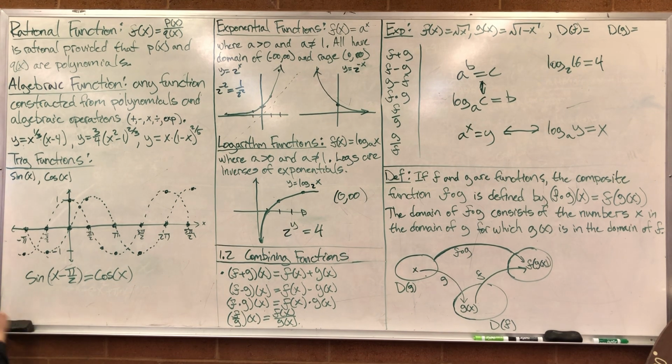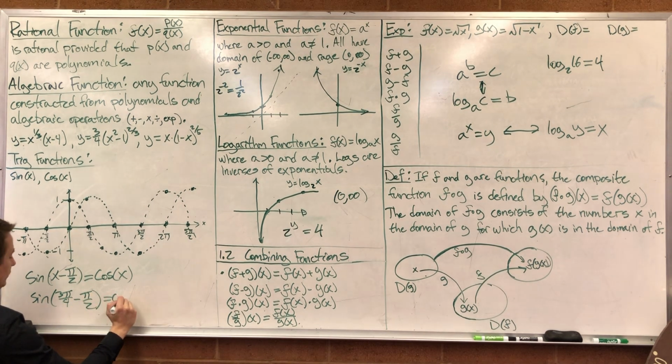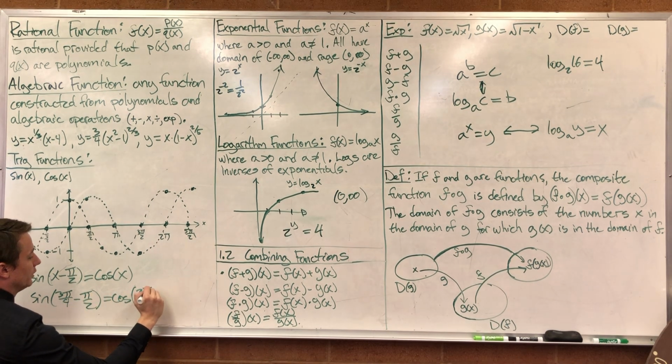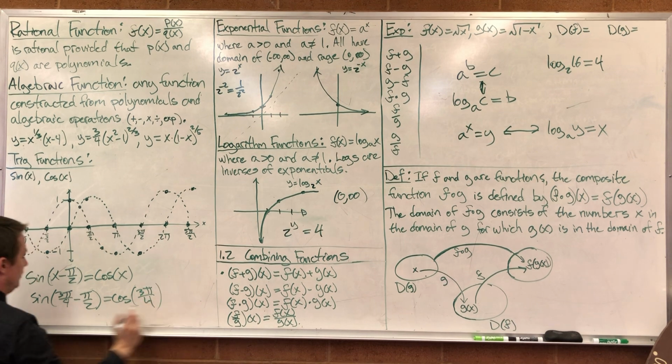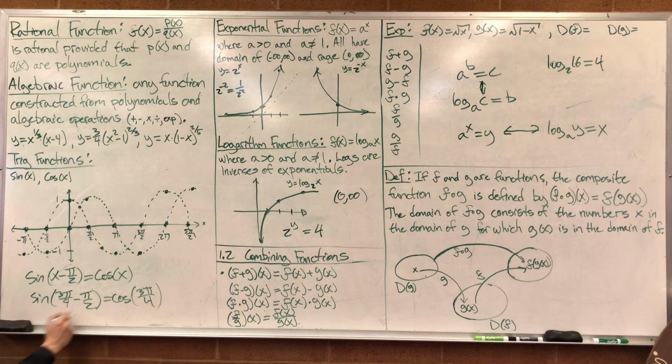So plug in, let's do 3 pi fourths real quick. We'll just spell it out so that we all follow the thinking. Sine of 3 pi fourths minus pi halves, is that the same thing as cosine of 3 pi fourths? Let's see if that's true. Sine 3 pi fourths minus pi halves is going to be sine of pi fourths.